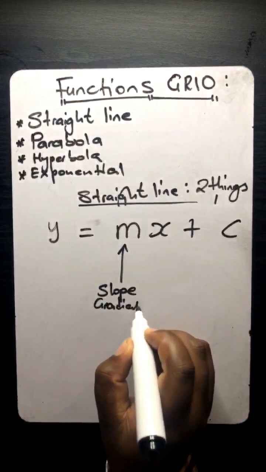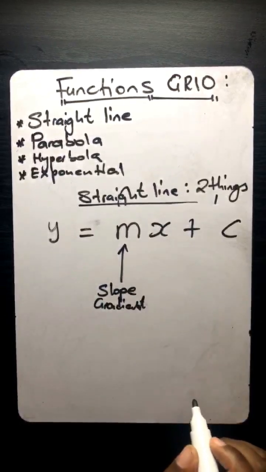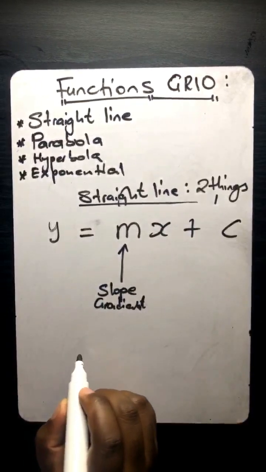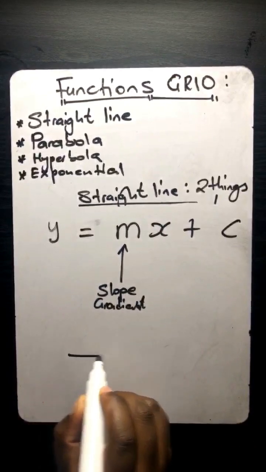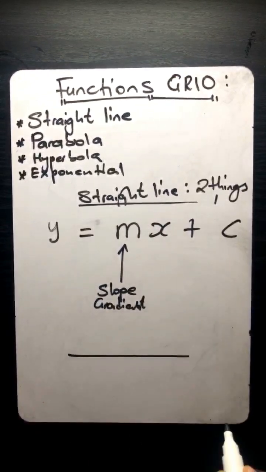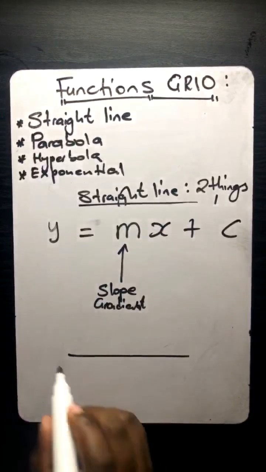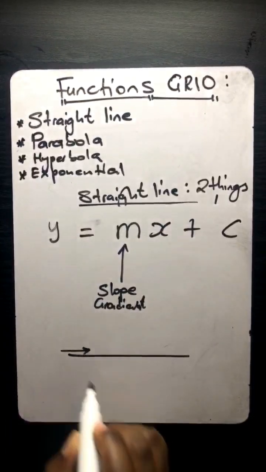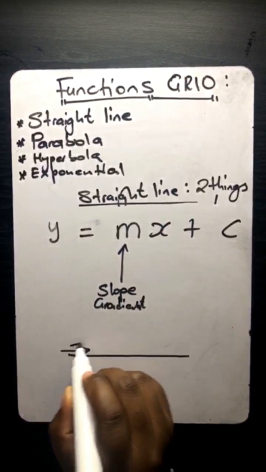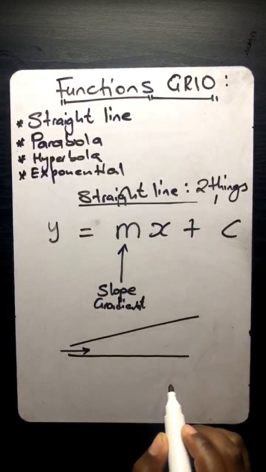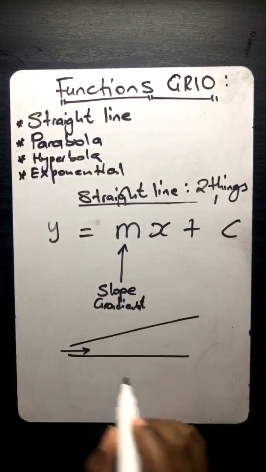It tells us more about the gradient of the line. What is the gradient? Literally, if a straight line is like that, the gradient is 0. It's more like you just walk nicely in that direction. But the moment you have a line similar to that, can you see now the slope or the gradient is a bit steeper compared to that line?